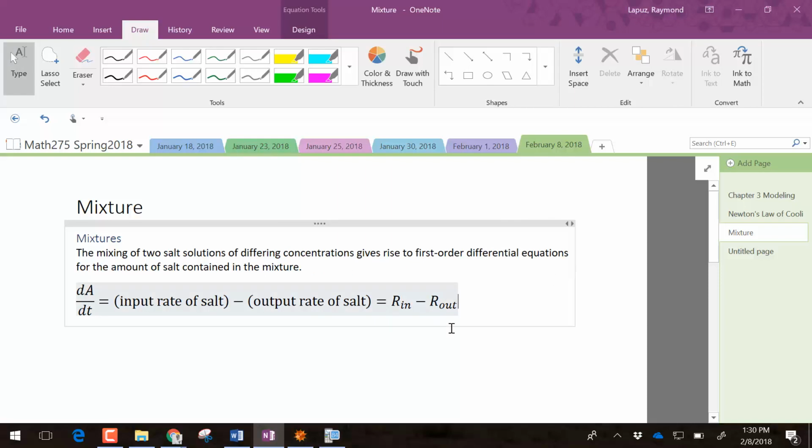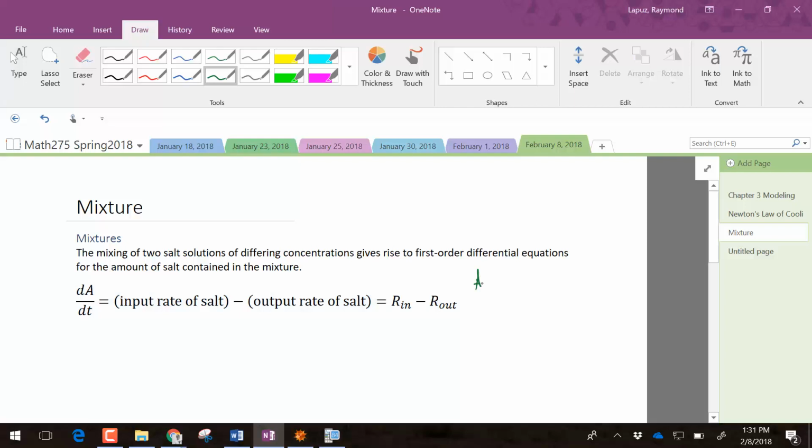So we got two different salt solutions, differing concentrations. We have a first order differential equation that says A. They don't say what the A here is. A of T is equal to the amount of salt.